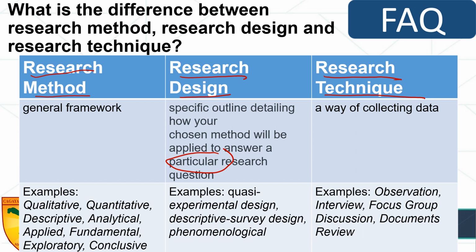So the difference between the two: research methods are generalized and established ways of approaching research questions, like your qualitative versus the quantitative research methods. But not all methods can be applied to all research questions. So the choice of method is limited only by the area of research that you wish to explore, while your research design is a plan to answer your research question.